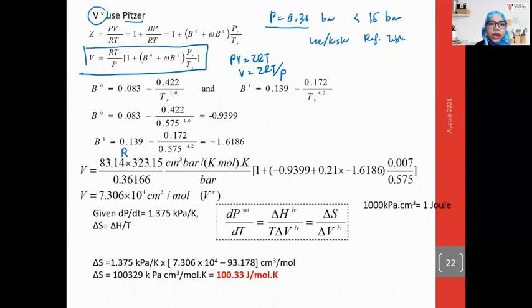So basically, we can have the value of V. And then delta S here is equal to delta H over T. So you can determine this, because we have this delta V, or delta V LV, and then finally we can determine our delta S. Okay, this is how we solve this problem.